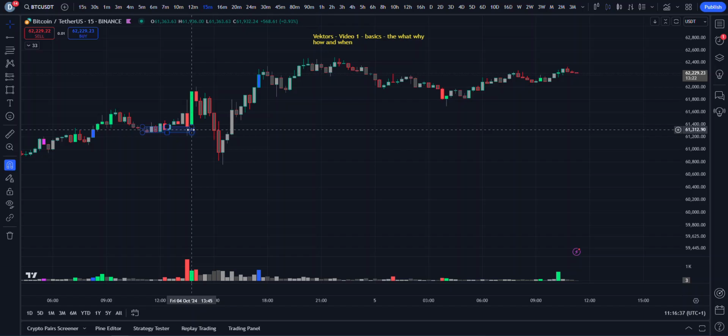So obviously traders going long, it's inducing longs, but that is not always the case. We don't necessarily want to commit to a long when there's a big green vector candle, but that's the basis of the retail trader mentality. They see a big green candle, they're going to FOMO long.